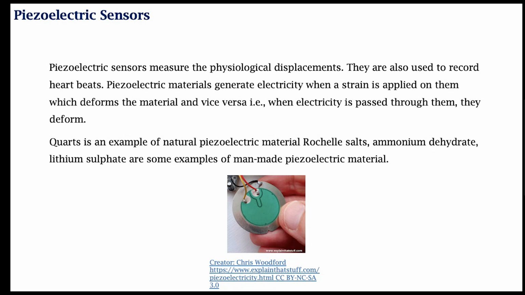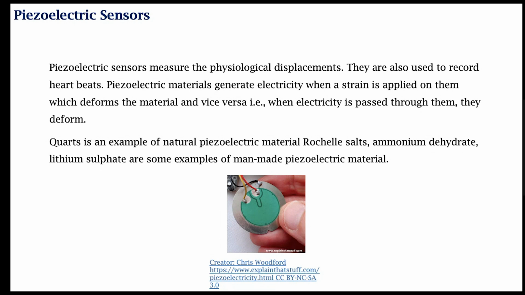In particular, we had a relatively long conversation on the linear variable differential transformer, which is an excellent displacement sensor. In this video, we will look at piezoelectric sensors. Specifically, we focus our attention on the piezoelectric sensors that are used in biomedical applications.